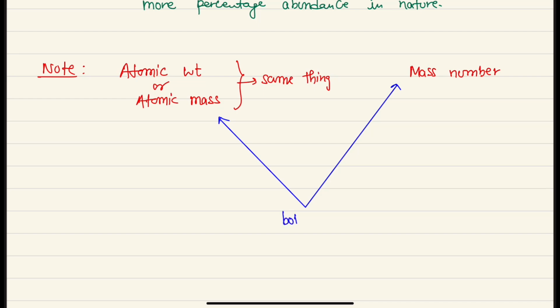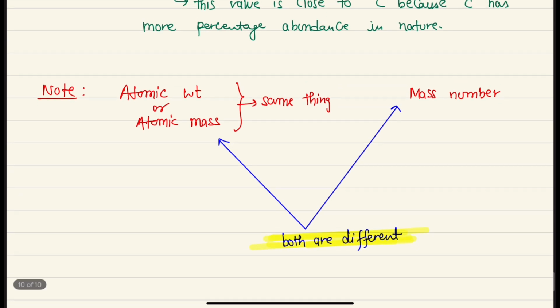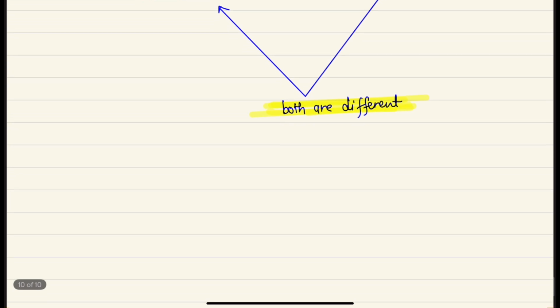Both are different. Very, very important. Both are different. Okay, right.